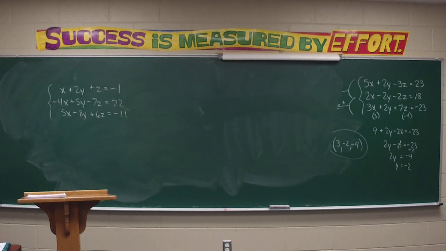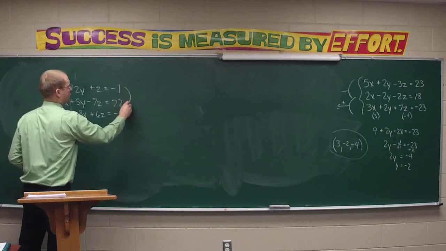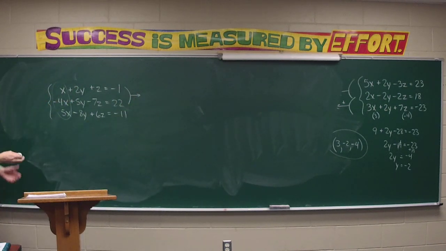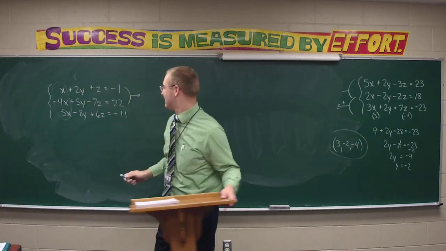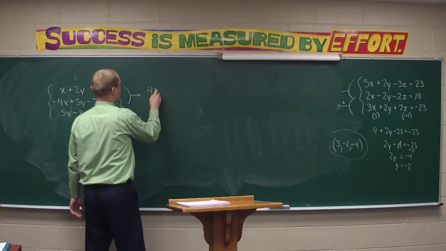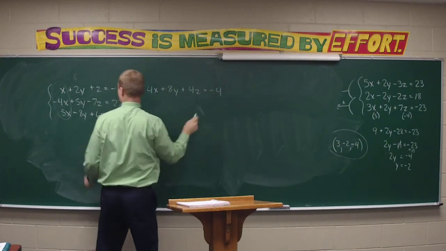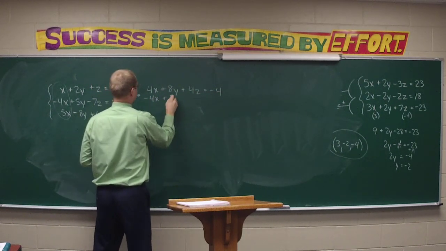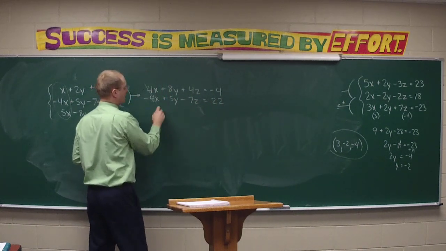All right. Thoughts? I got people voting for the x, all right? So let's take top 2, but multiply the top by 4 to get what from my top equation, Brandon? And of course, we'll keep the negative 4x, positive 5y, negative 7z equals 22. Cancel the x's.